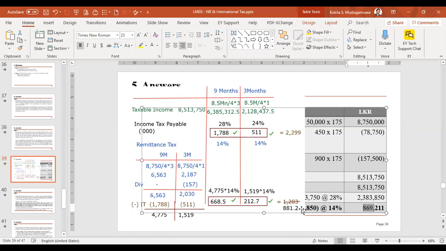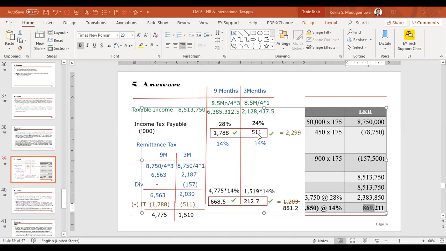2383869. Yeah, why didn't we get a fixed 67 for 9 months? Because the dividend, we explained, is only for a 3 month period. The dividend is as per the circular.